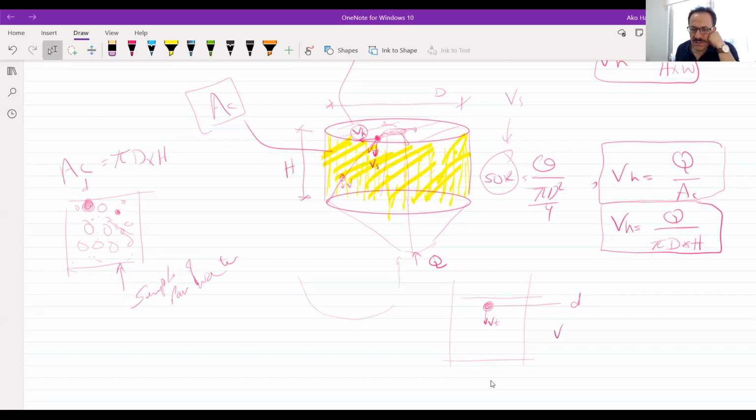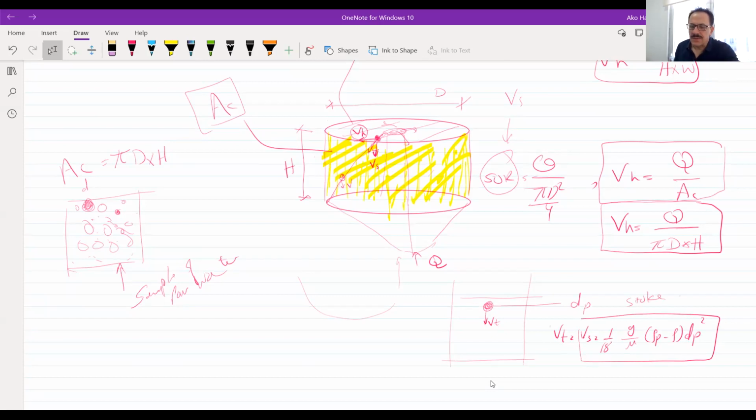So Vt, the terminal velocity or settling velocity of this particle, will equal 1 over 18 times g over mu times rho particle minus rho water times d particle squared. So any particle can be settled with a velocity given by this, which is called Stokes law.